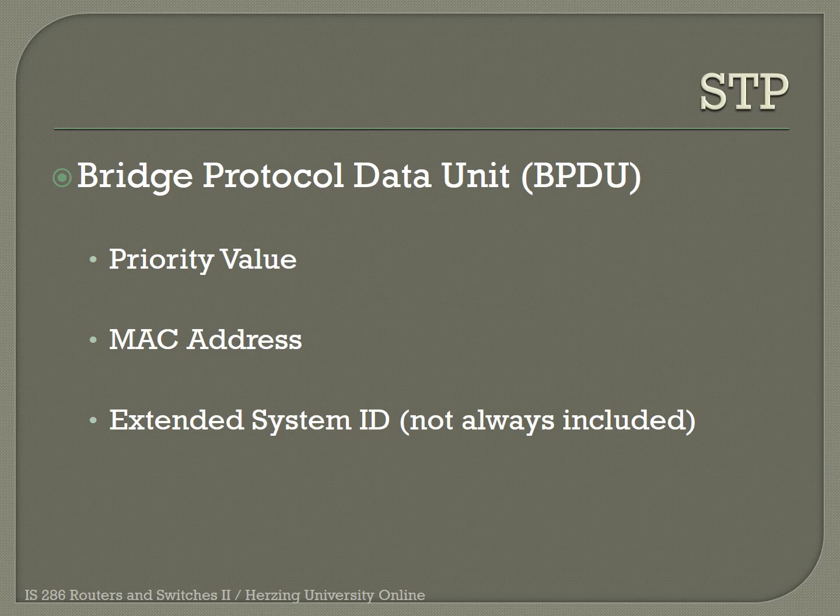Now keep in mind that by default, the priority value of all Cisco Catalyst switches is 32768. Therefore, by default, the only difference in the bridge ID of one switch and that of another switch is the MAC address.